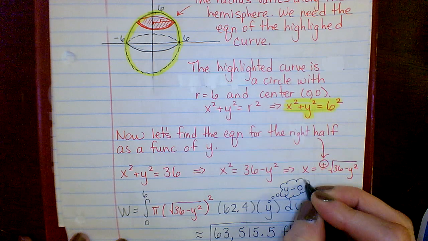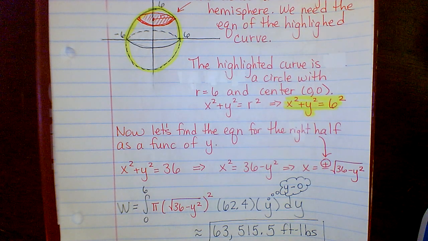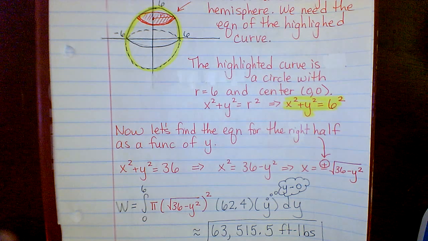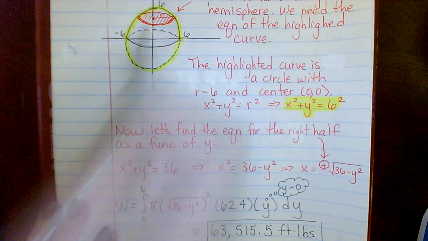So this subtraction's backwards from what we were doing with the other examples. That's because the other ones were pumping upward and out. This is pumping upward but in. So wherever that slab ends up, that's how far it had to go.